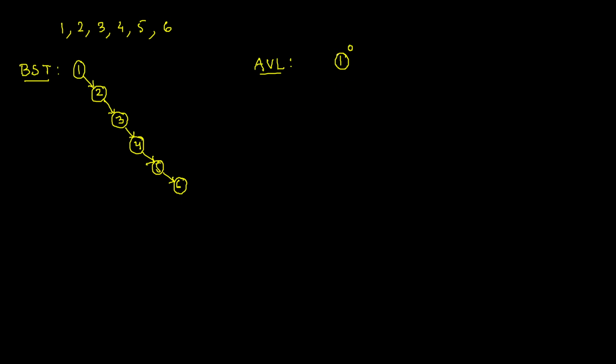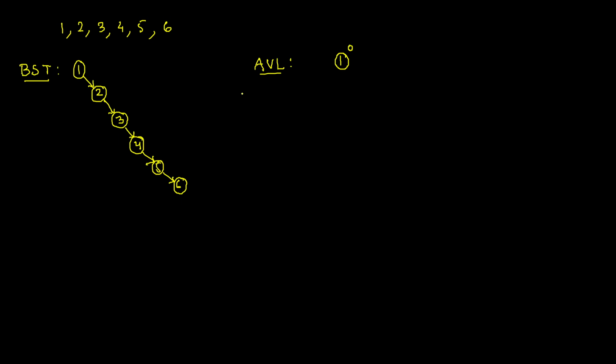So this is about inserting 1. Now when I insert 2, we have to draw the tree again because the balance factor will change. You cannot write the balance factor and then cut, then write, then cut like this. As you connect a node, you have to recreate the whole AVL tree.